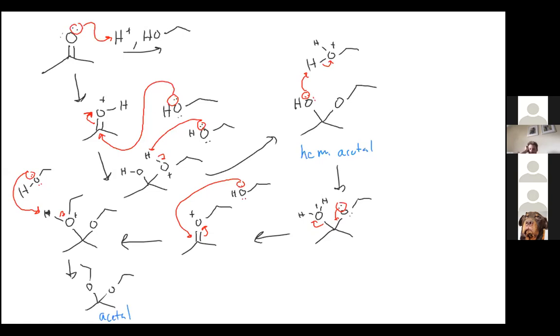So we've essentially made two ethers at one center here. If we take a look back, our hemiacetal was the point where we made one ether, and then we still had one alcohol, versus our full acetal where we have both of them.